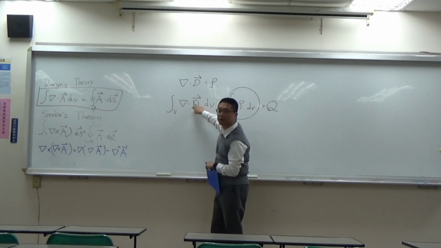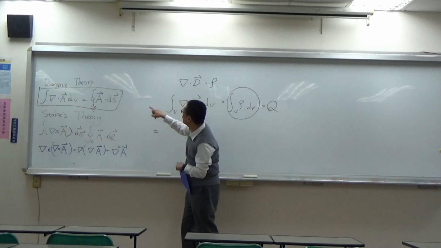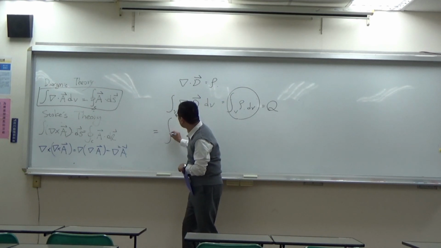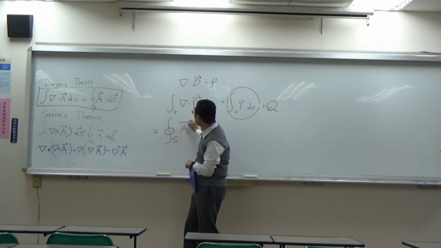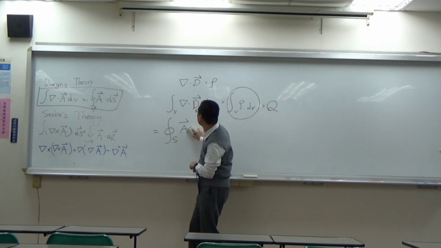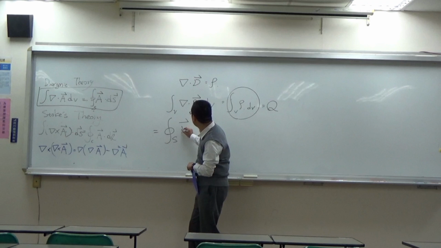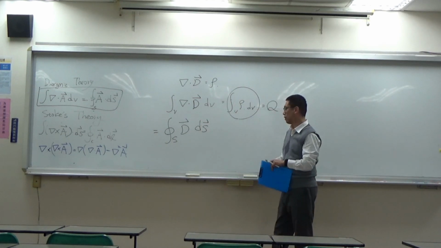If this is vector A, your vector D is vector A, you can change this form to a closed surface integration of D dS.